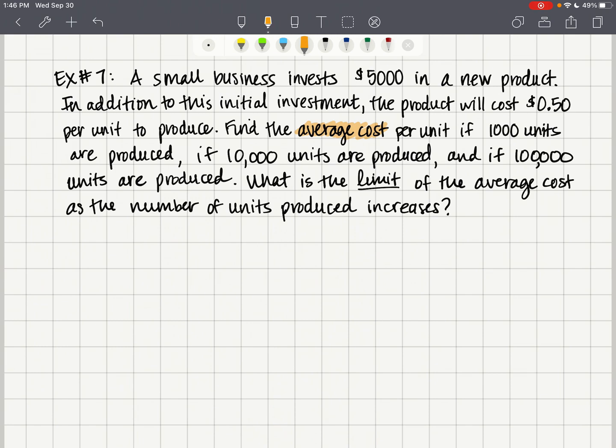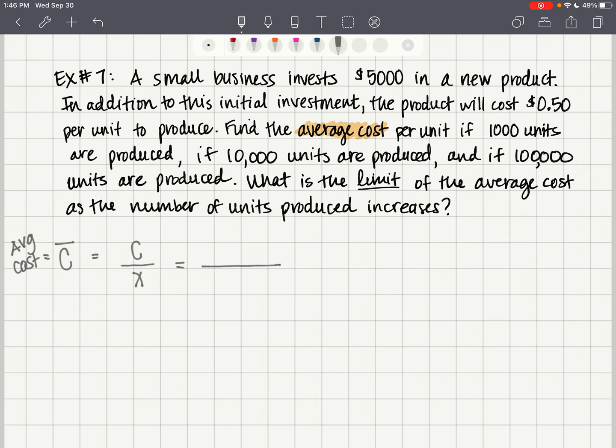So do we remember what average cost is? Average cost is C bar. That's your average cost. And we know that that's your cost function divided by the number of units you are producing.